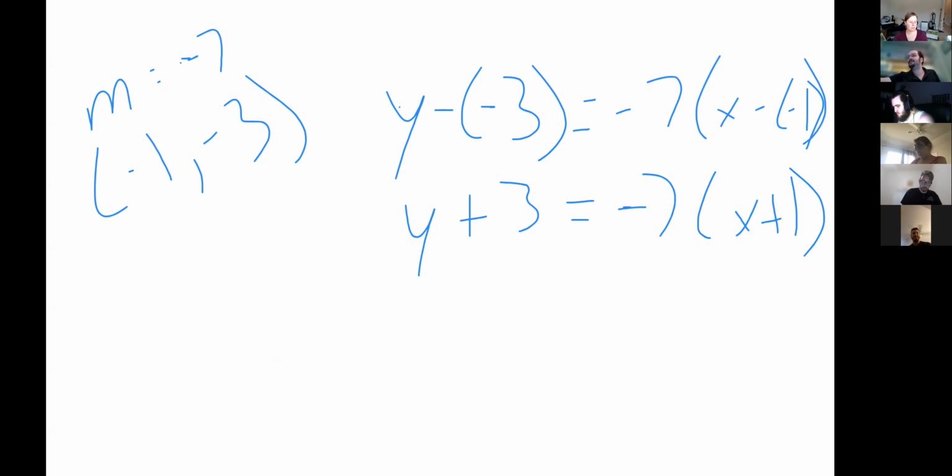And then I subtracted 3 on both sides. At this point, or did you do something else? Oh no, I multiplied 7 with x and then 7 with 1. Yeah, I figured you did that distribution first, right? Minus 7x minus 7.